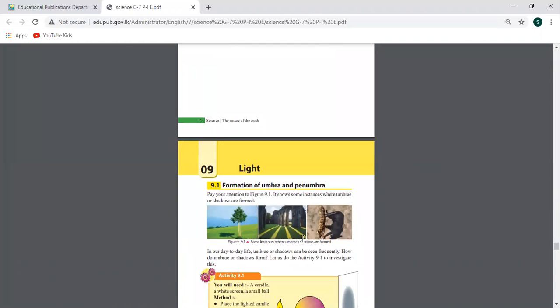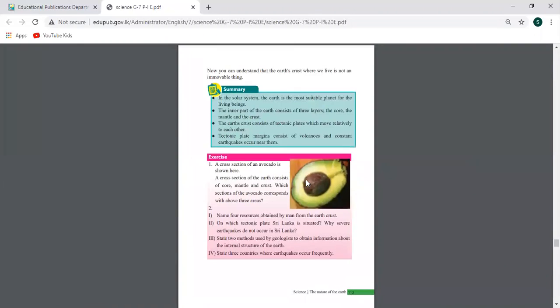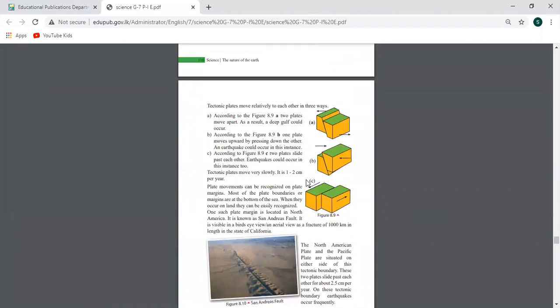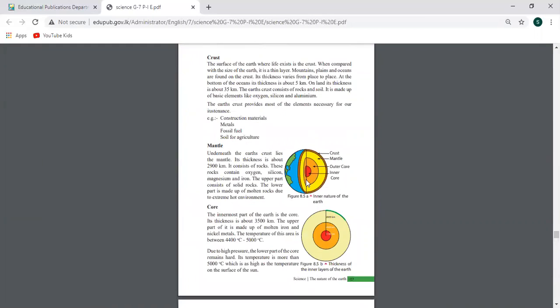Shadows are formed due to light, like umbra and penumbra. And let's talk about the parts of the Earth, and more things about the parts of the Earth.